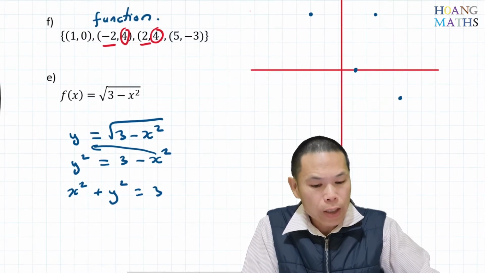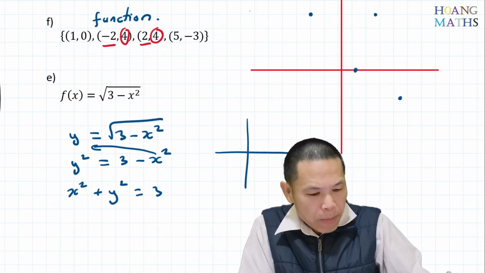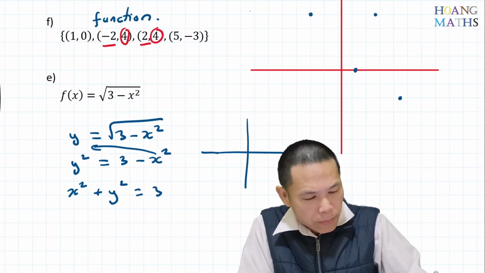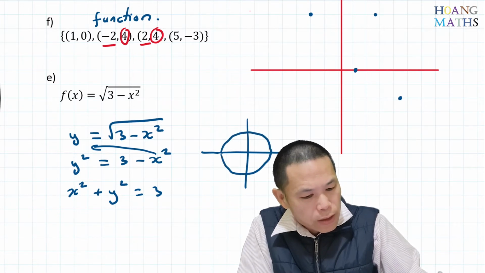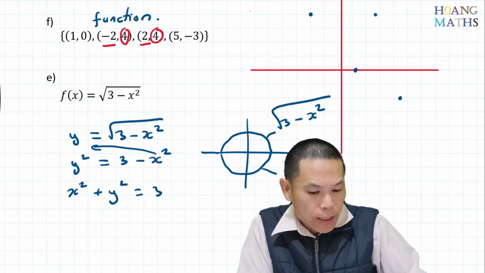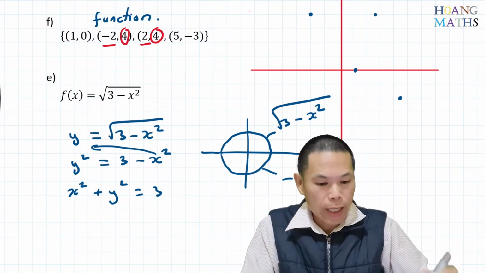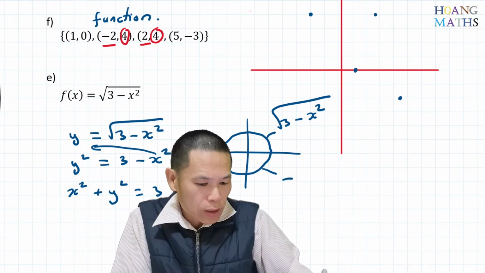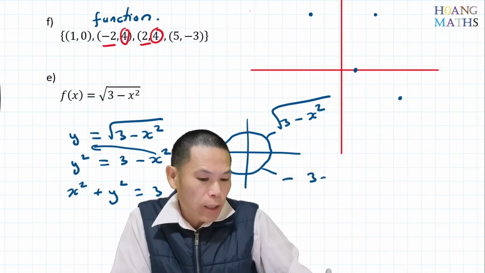So it is a circle, but we have a square root. So this one here is the square root of 3 minus x squared, and this one is a negative if you take the square root of both sides. So that becomes this, one positive and one negative.